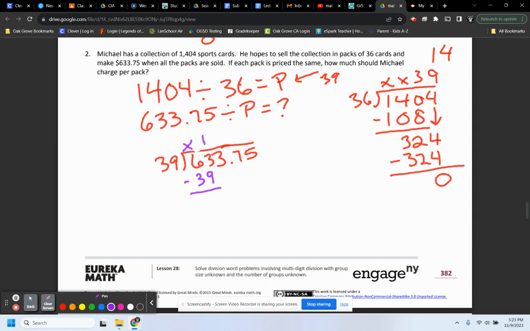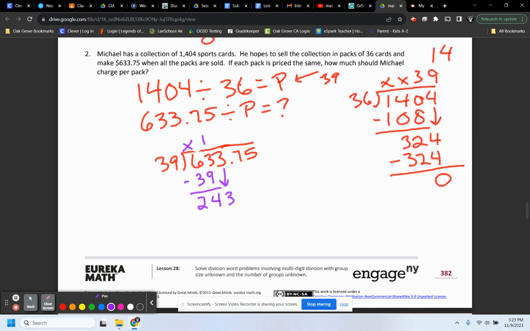Now you have to do your subtraction, so you're going to end up with a 4 there and 24 left over. Let me make sure about that. And then you bring down your 3. How many times does 39 fit into 243?